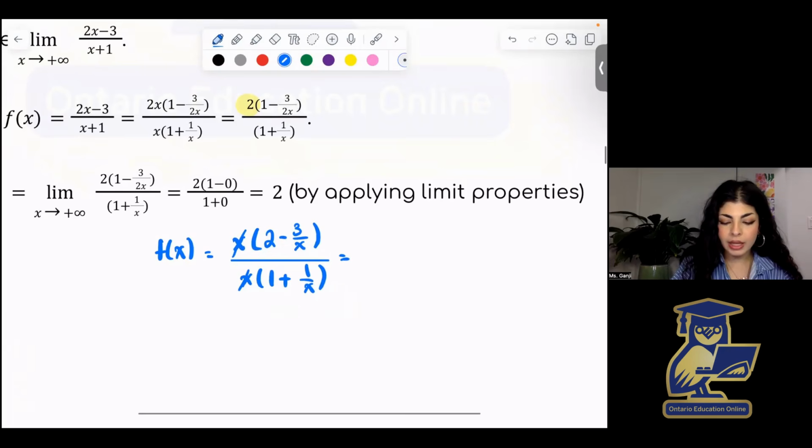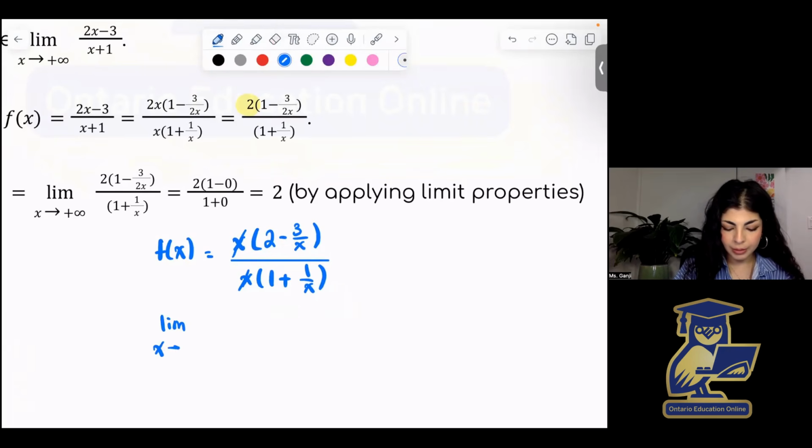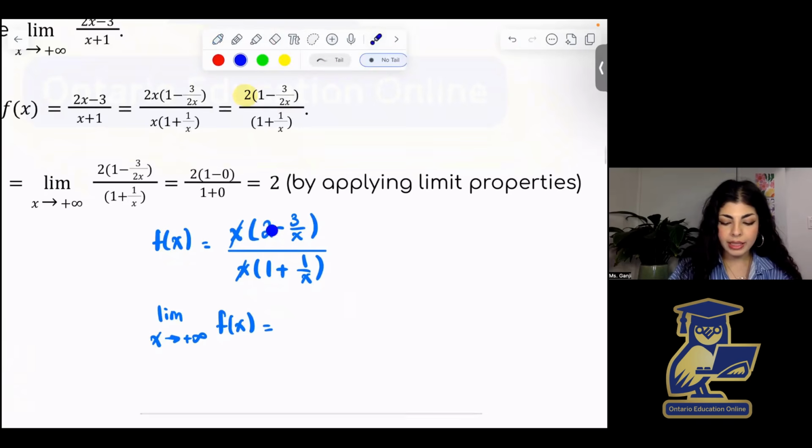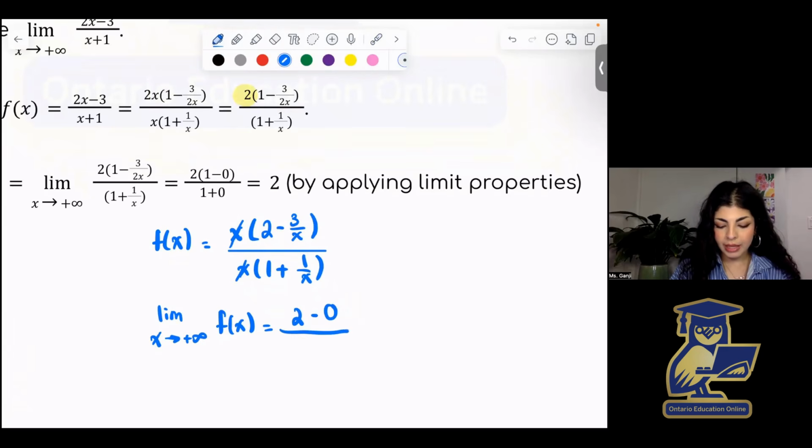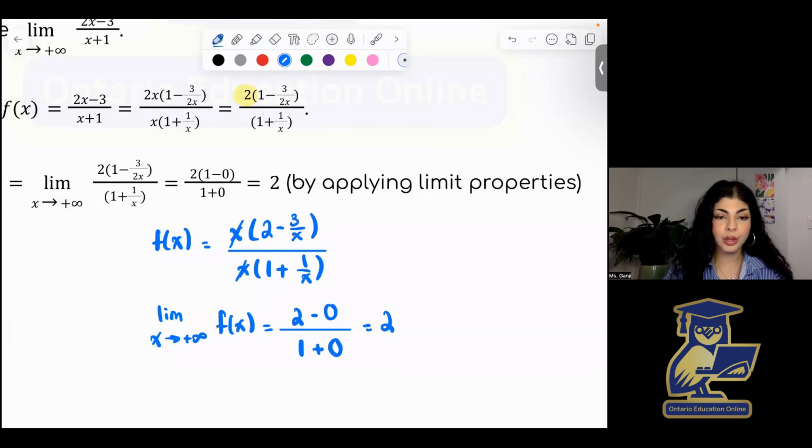And then when we take the limit here, so consider the limit as x approaches positive infinity of f of x, then when we distribute it, this 2 is just a constant, so it's going to stay 2. This would be a 0. And then in our denominator, this is just 1, this would be 0. So you would still get 2.